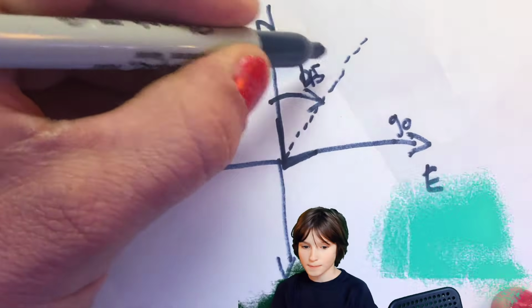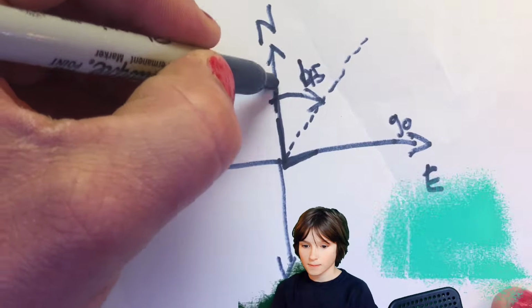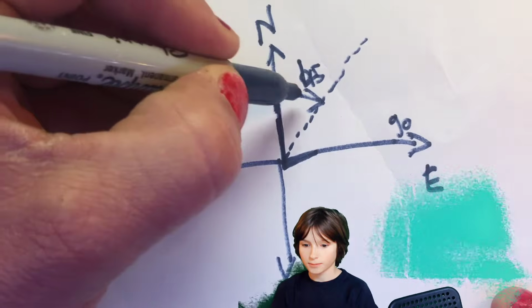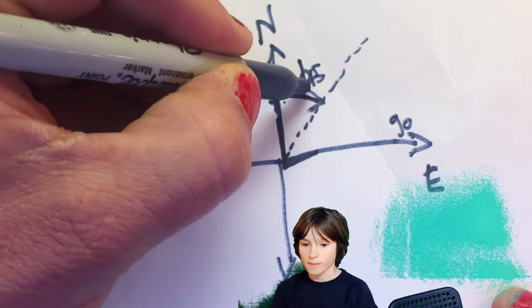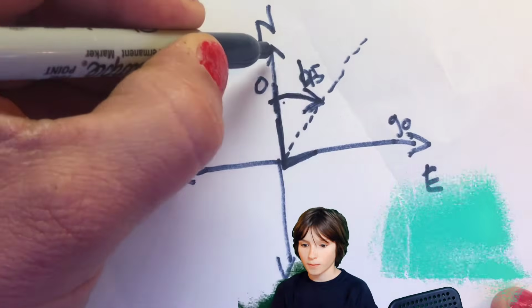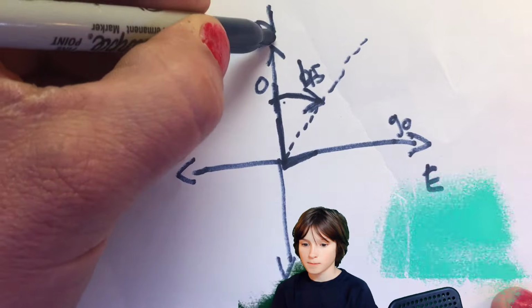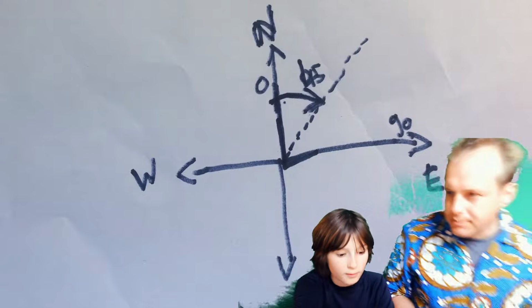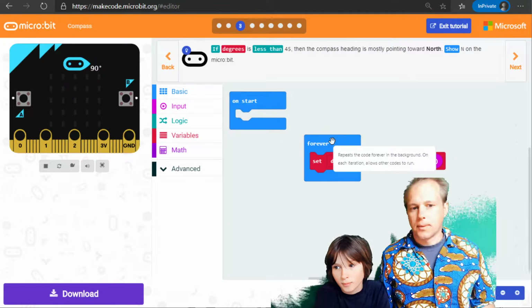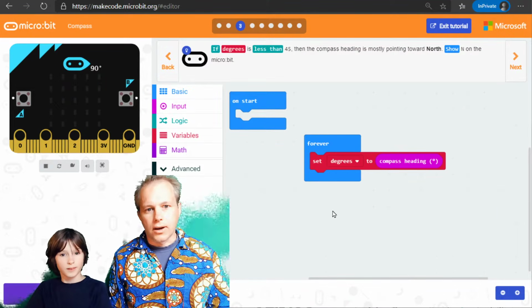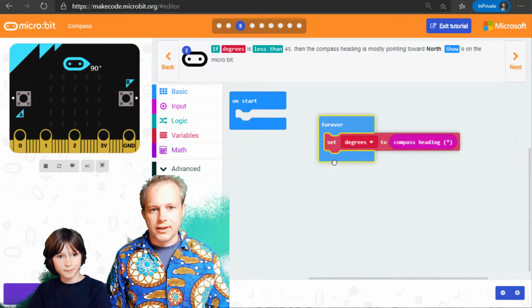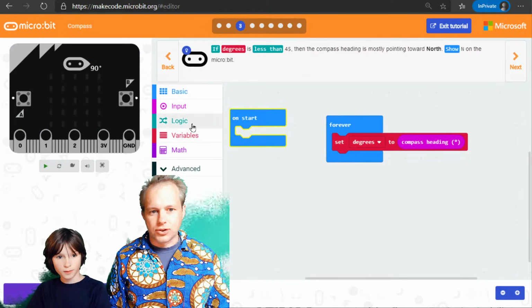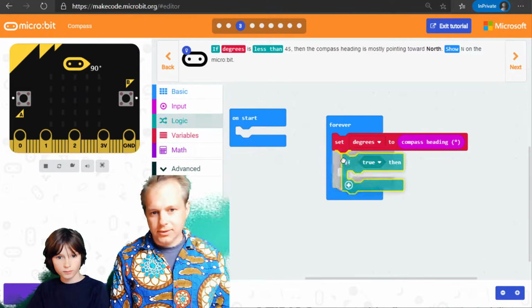Okay, so the angle starts at 0 here, and if it's less than 45, we're kind of close to north. Does that make sense? So that's what we're doing in code. We'll come back to this image. All right, so they're saying that if the degrees are less than 45, then we should show north.